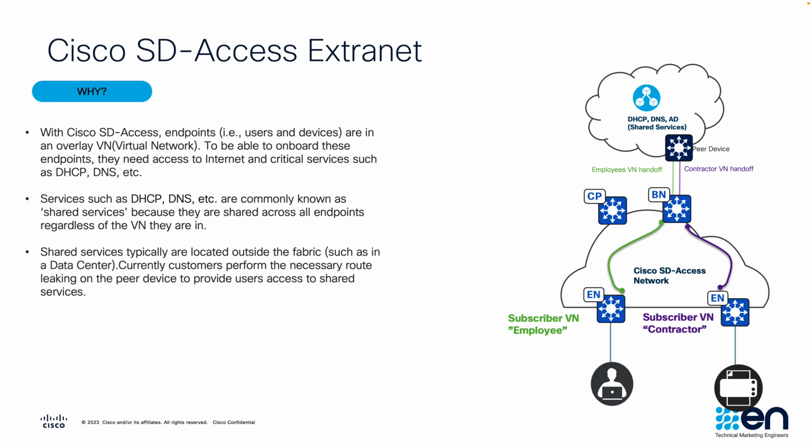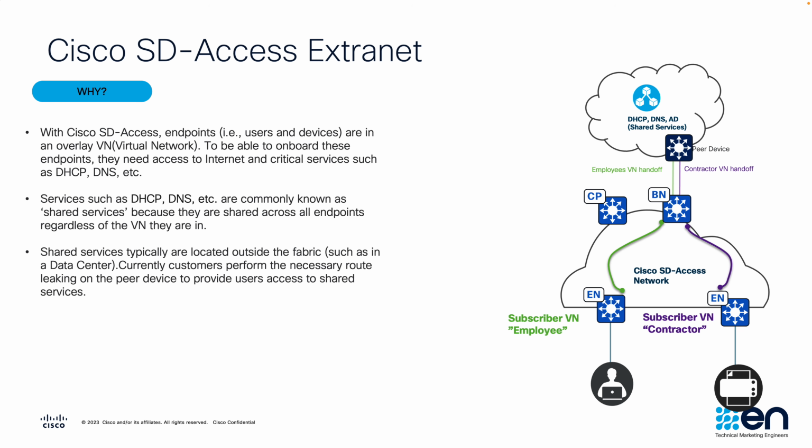So these services, commonly referred to as shared services, cater to endpoints spanning across Layer 3 virtual networks. Presently, the sharing of shared services across multiple Layer 3 virtual networks is achieved through an external device like a peer router device, a fusion router, a switch, or a firewall.